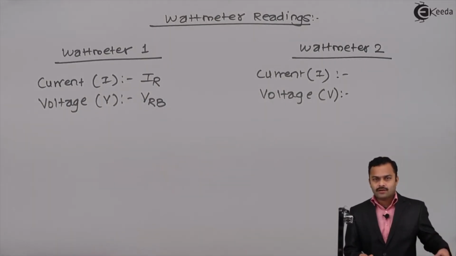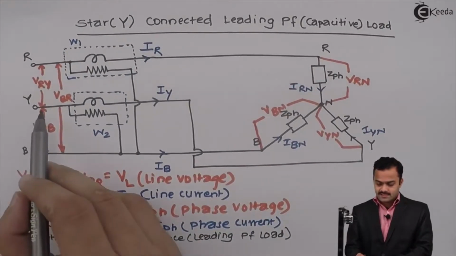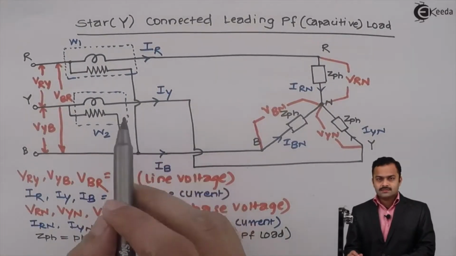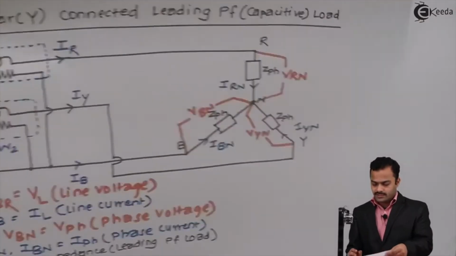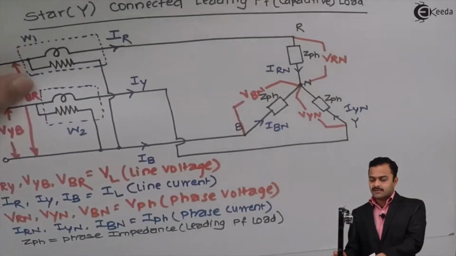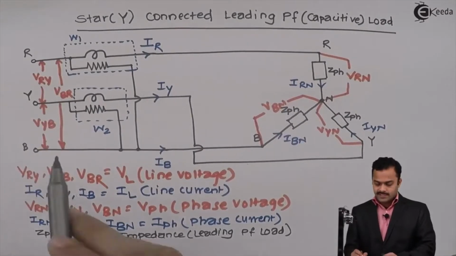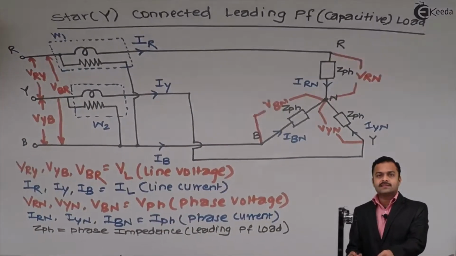Let's check for wattmeter 2. The current coil of wattmeter 2 is in series with the Y phase, so it will sense and measure IY. So I will write over here that the current for wattmeter 2 is IY. Let's check voltage. The voltage coil is between Y and B, so the voltage measured is VYB.